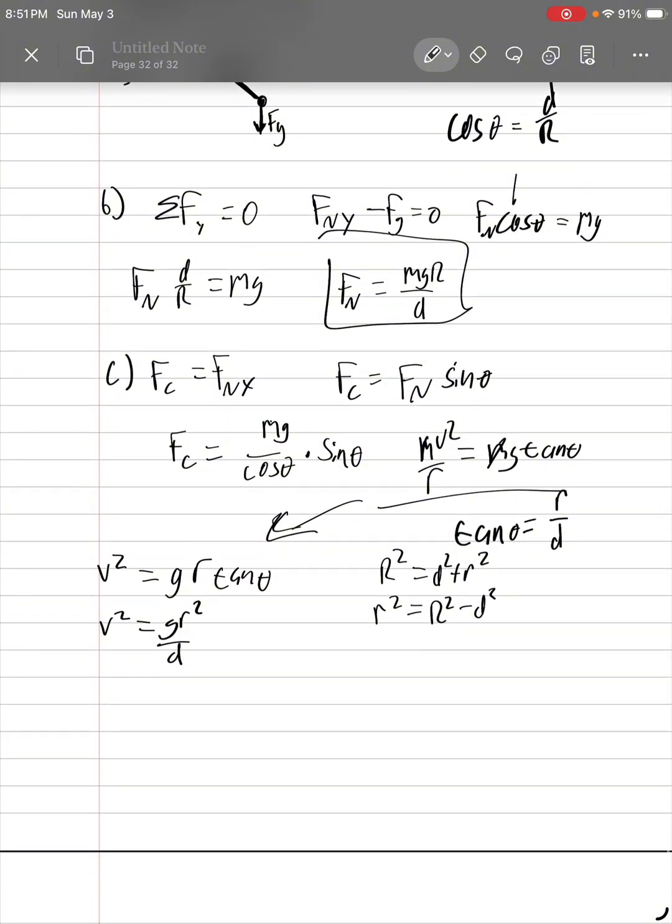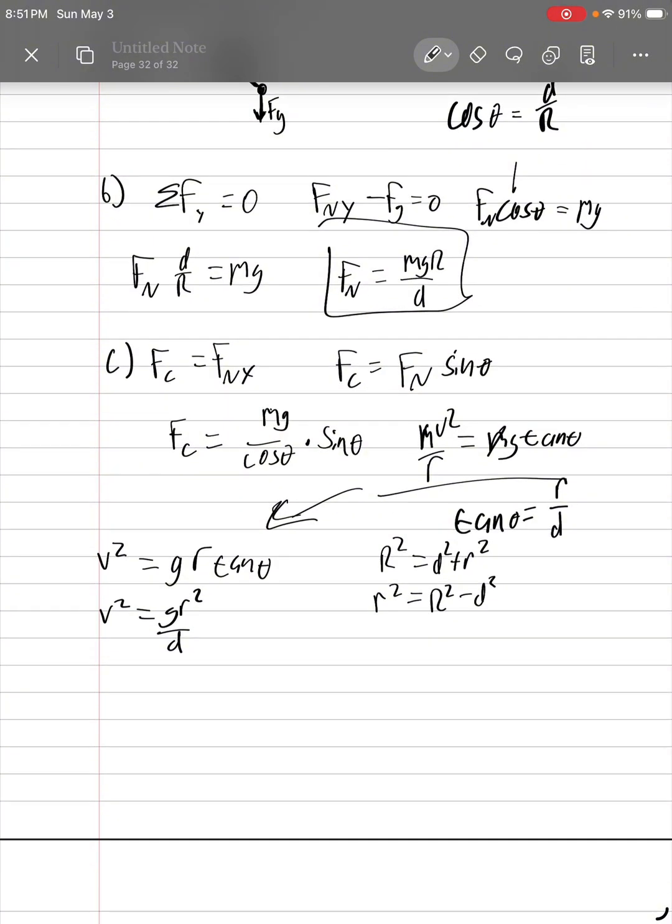And then from here, we're going to get rid of the exponent. So we'll have v is equal to the square root of g r squared over d. And now we're just going to substitute r squared for what we found on the right. So we'll have v is equal to the square root of g big R squared minus d squared all over d.